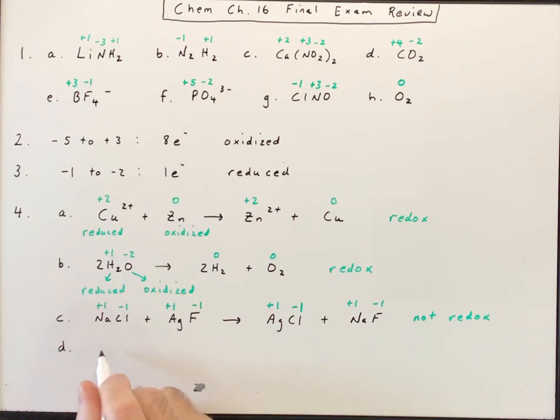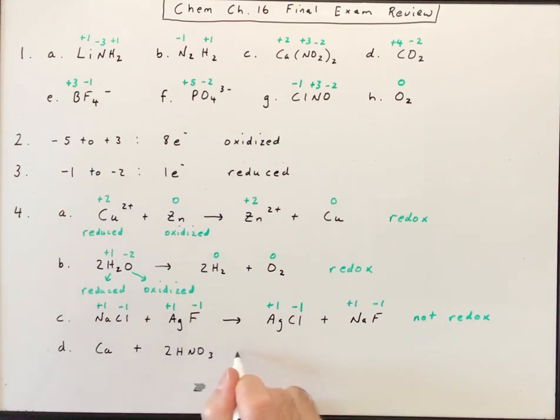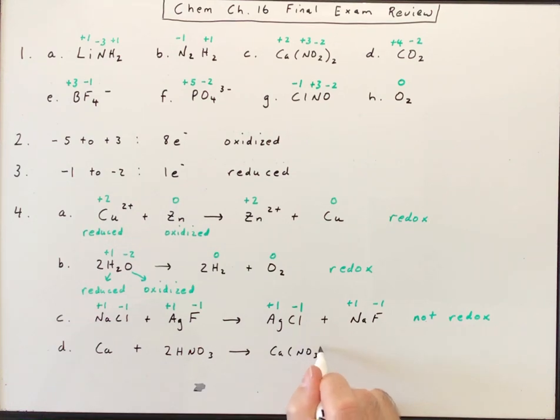Okay, part D, we have calcium plus HNO3. That yields CaNO3 plus H2.